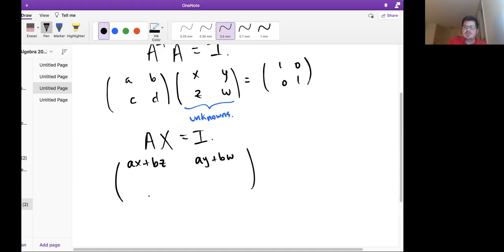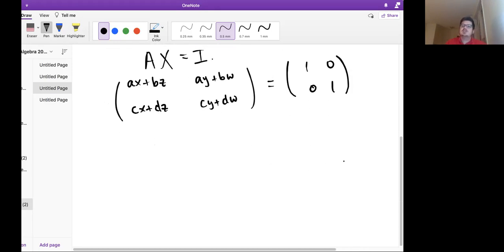In the 2, 1 position? CX plus DZ. And how about in the 2, 2 position? CY plus DW. So this is equal to 1, 0, 0, 1.